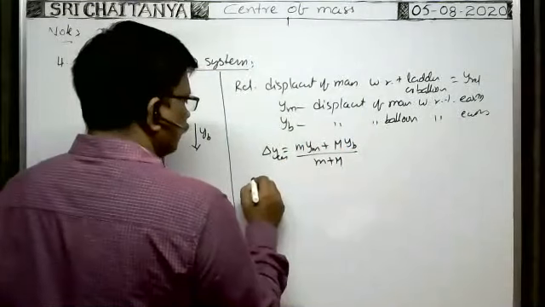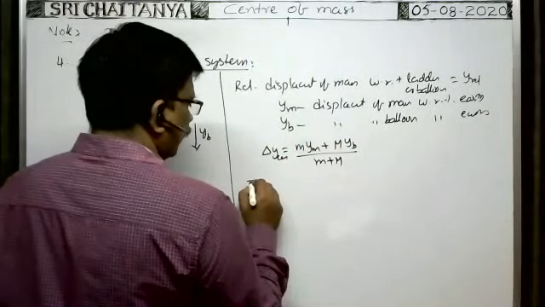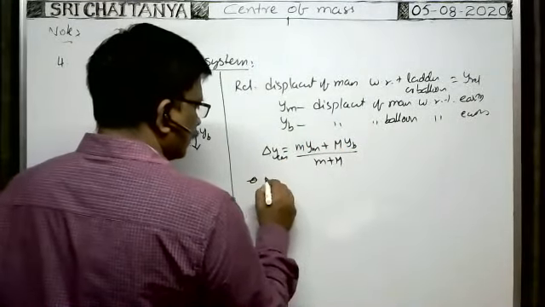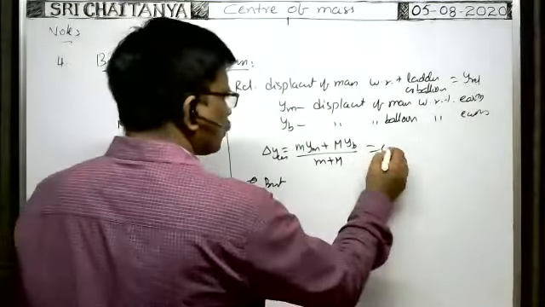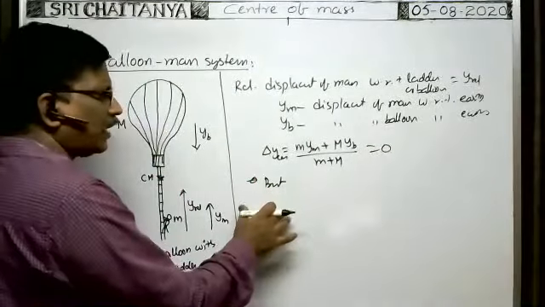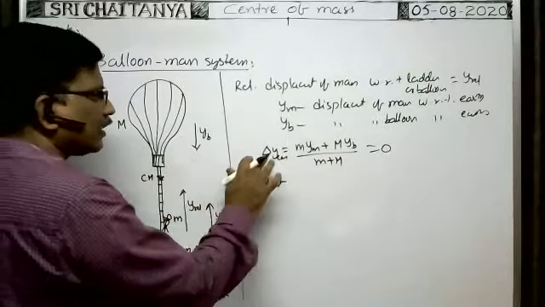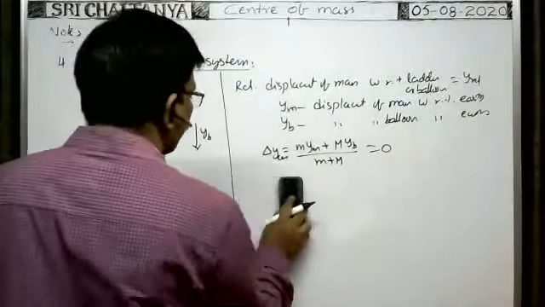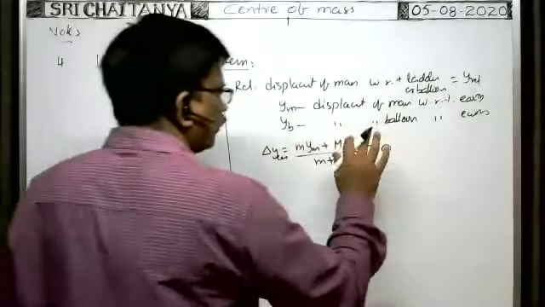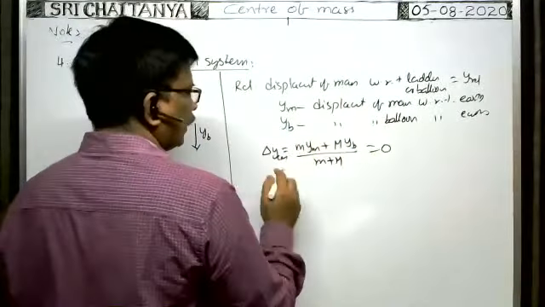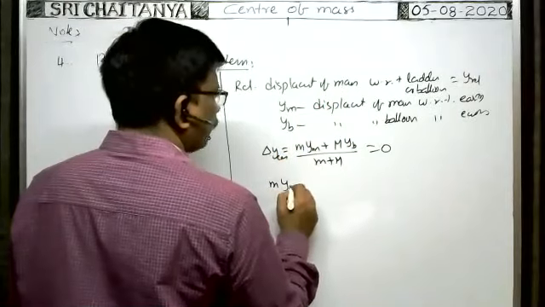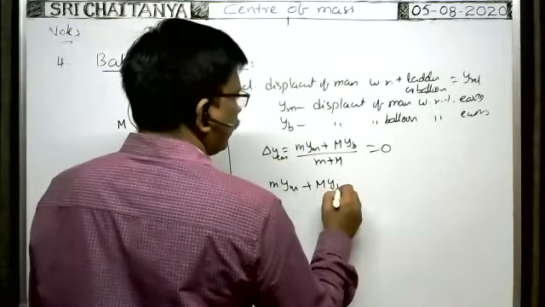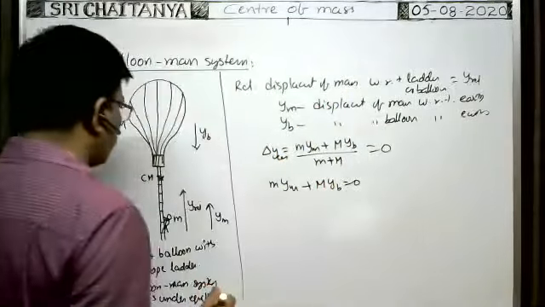So delta YCM equals 0. I need not write it always, because internal forces do not alter the state of the center of mass. Delta YCM is equal to 0, same as the ladder-man-board system. m yM plus capital M yB is equal to 0.